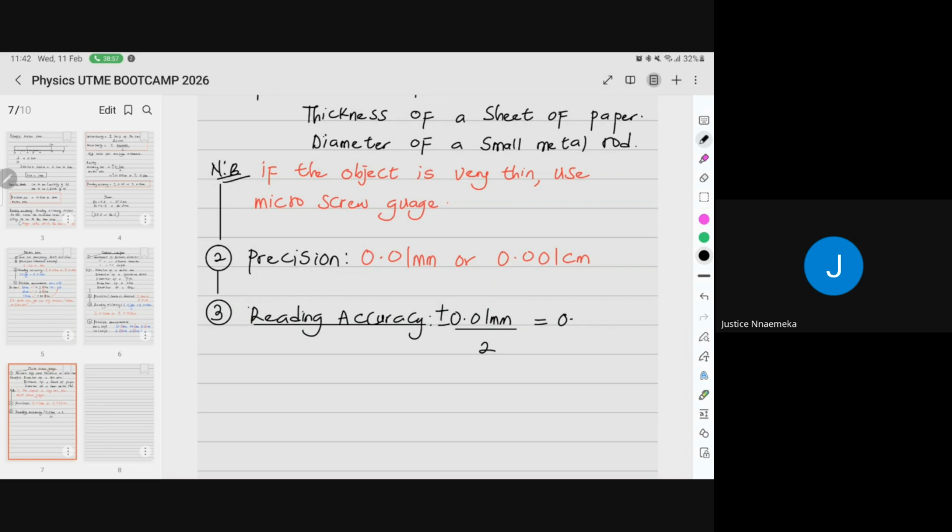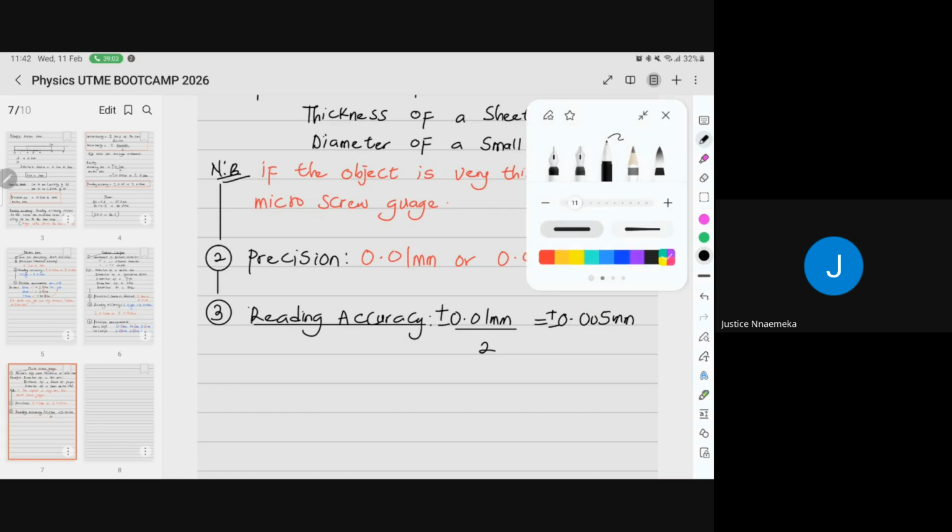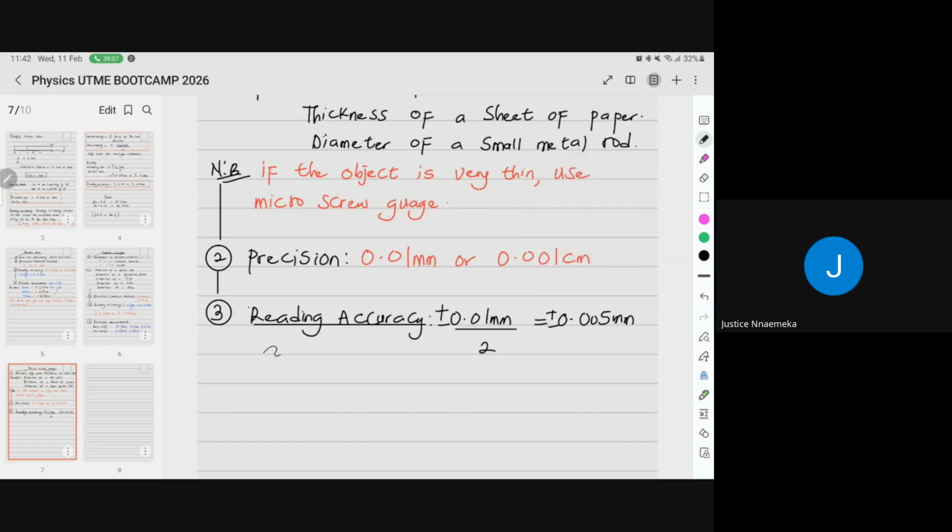That's plus or minus, please. That'll give us 0.005 millimeter plus or minus. So which means you can now convert it, or are we on the same page, my guys?